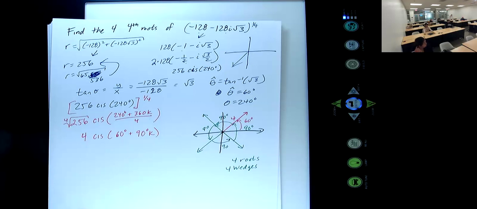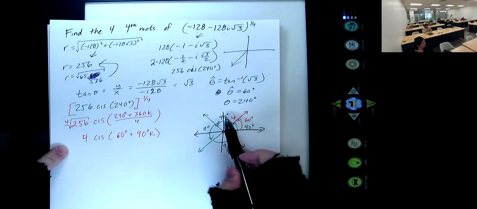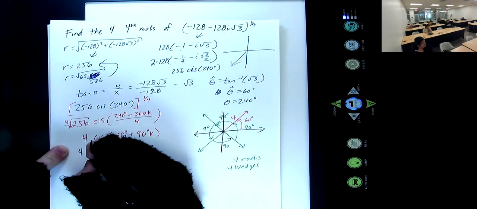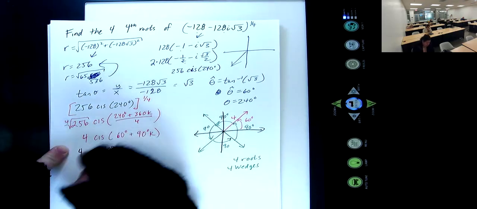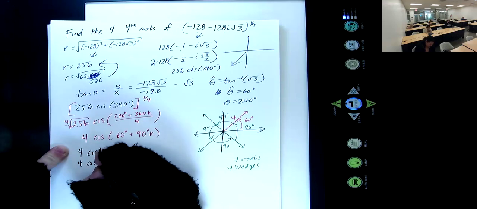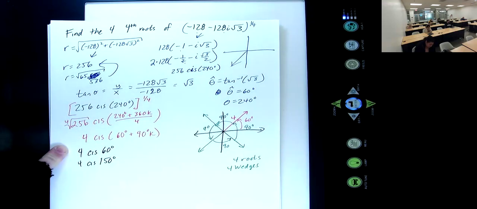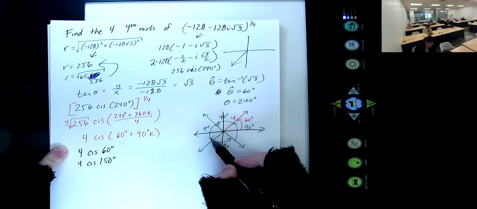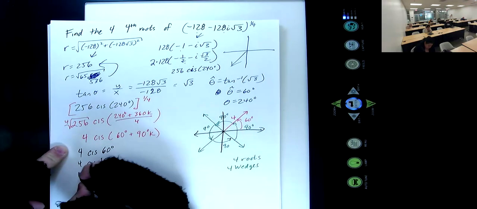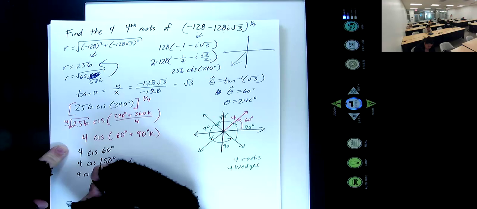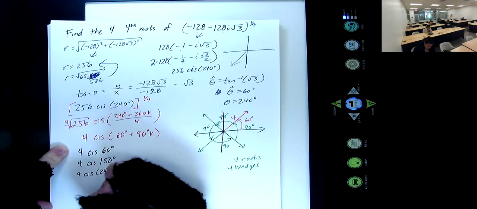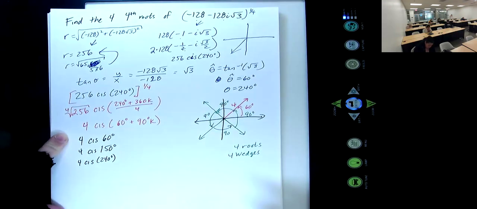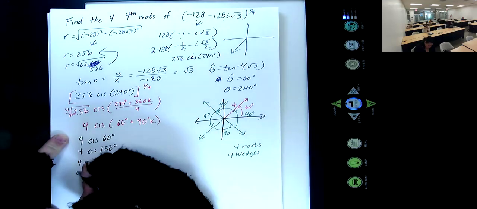So just looking at it graphically without going by the k, I got 60 plus 90 is 150. 150 plus 90 is 240. And 240 plus 90 is 330.